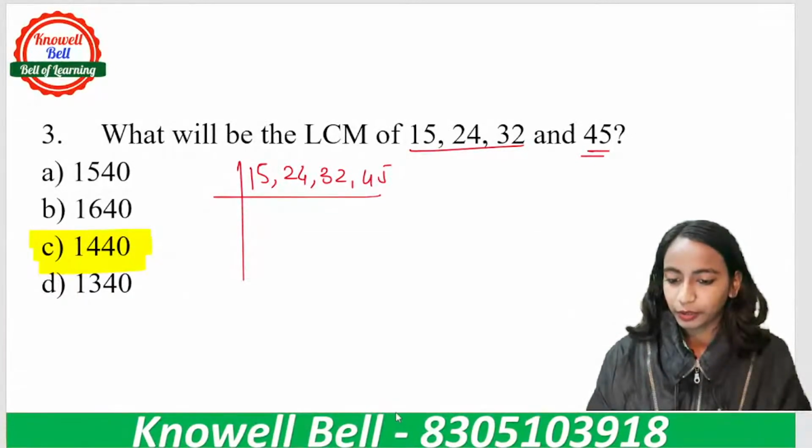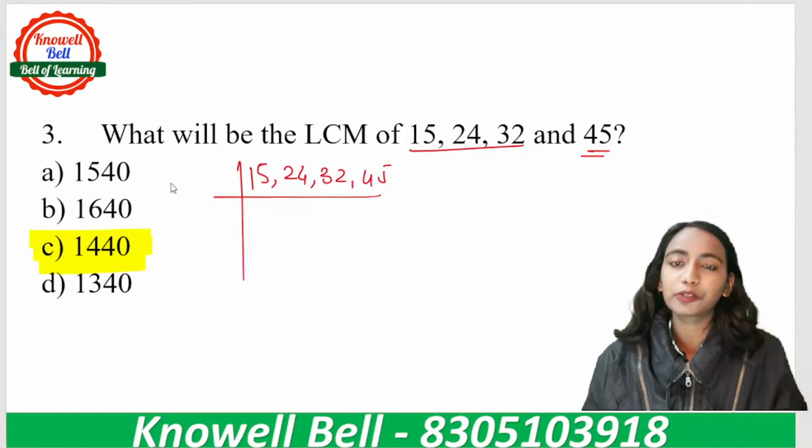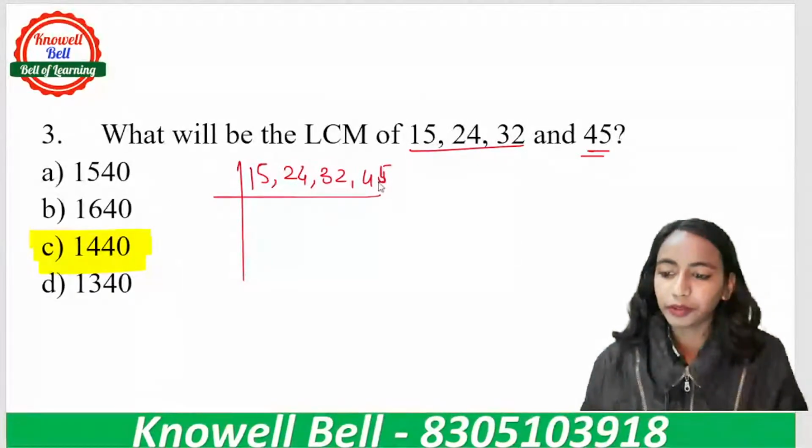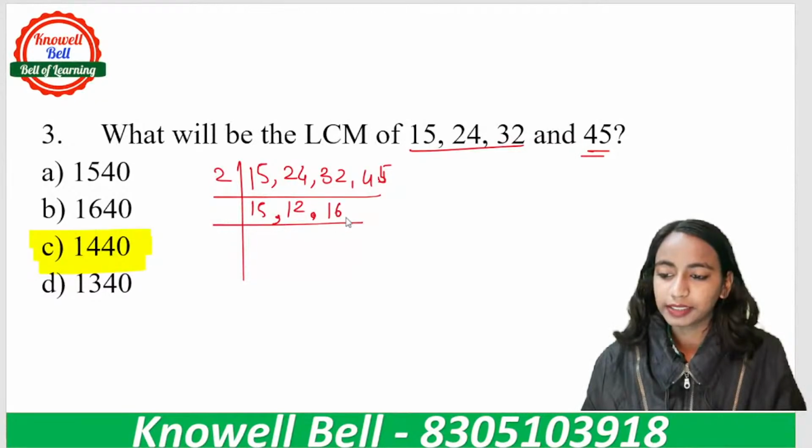Okay, let me tell you how it will come. First, take the smallest prime number and try to divide by it. So we have 2: 15, 12, 16, and we are left with 45 here. Again, we can take 2. It would be 15, 6, 8 and 45.